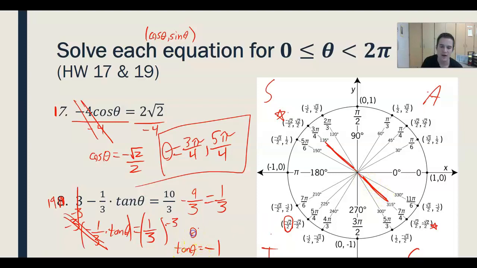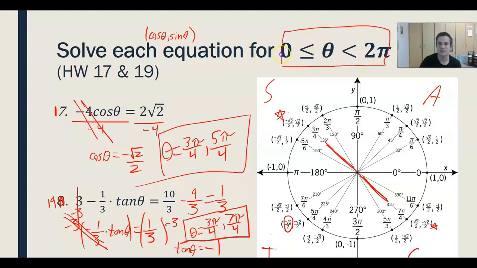What angles do I have there? I have 3 pi fourths and 7 pi fourths. So my angle values where the tangent is negative 1 are 3 pi fourths and 7 pi fourths. And I wrote those in radians because that's what the instructions asked me to do.